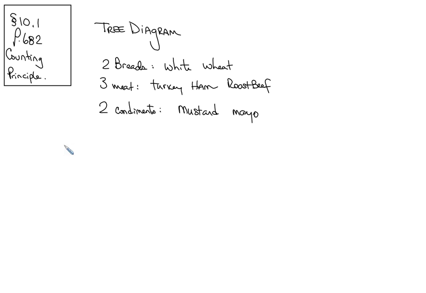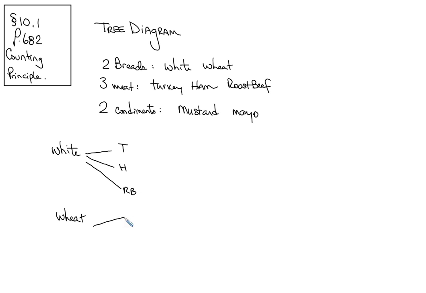So, first thing we have to choose is we have to choose a bread. So we can either choose white or we can choose wheat. For each of those bread choices, we have three different possible meat choices. We either have white with turkey, or we have white with ham, or we have white with roast beef.